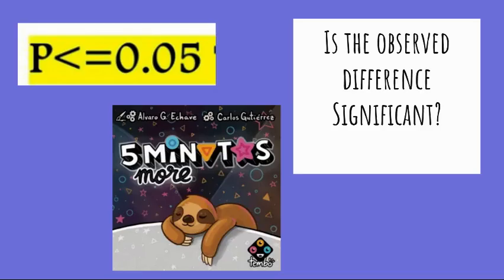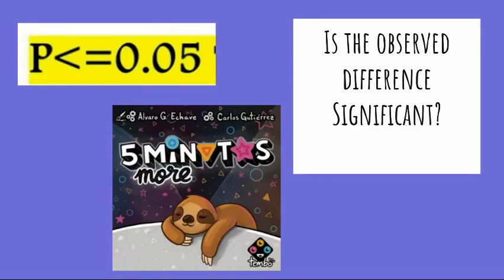Maybe you're looking at a weight loss drug, right? A weight loss medication. Many weight loss medications say that there's statistical significance, that if you take this pill, you are going to lose more weight. And if my p-value is less than 0.05, that means that mathematically, yes, there is a difference between the experimental and control condition. But then I want to ask myself, what is the effect size? Is the effect size a half a pound?